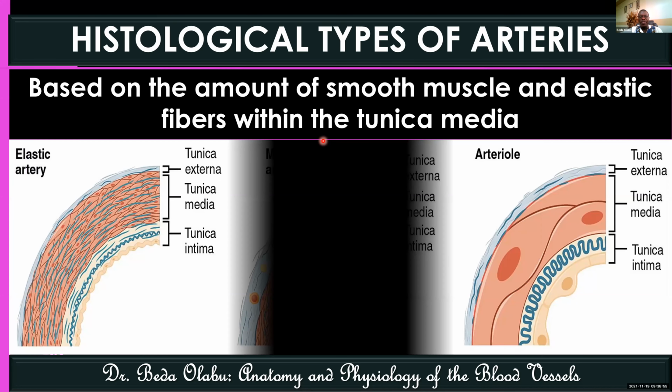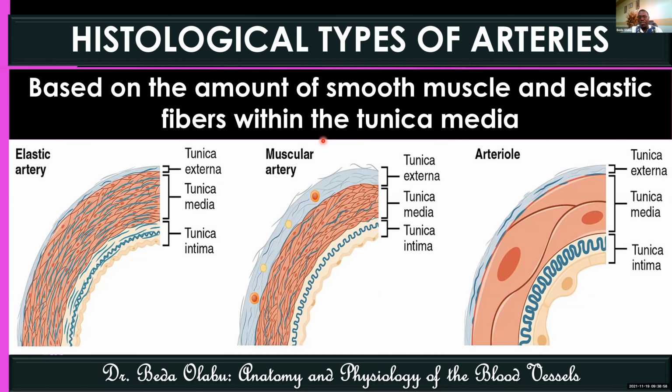On this basis, we usually talk about 4 histological types of arteries. The first one looks like this. We call it elastic arteries.